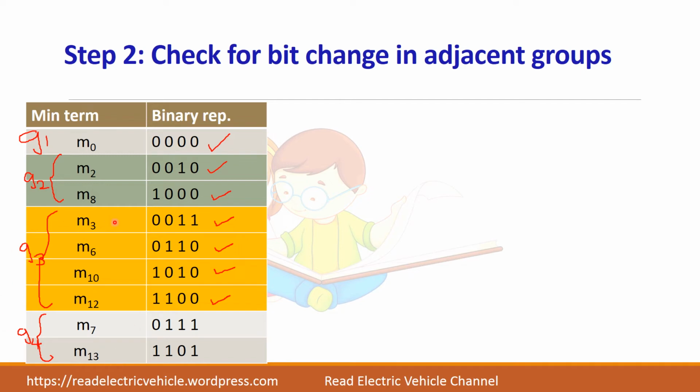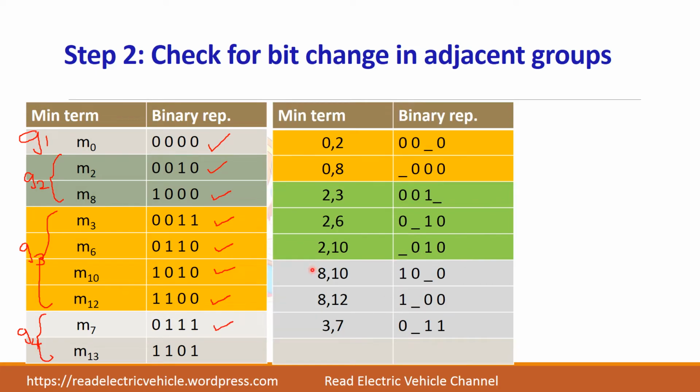So M3, M7, one bit change is possible. Mark it in the table. So 3 comma 7 marked it. Again M3, M13 not possible. One bit change is not possible. Then M6 and M7, one bit change is possible. So 6, 7 you can mark it here.